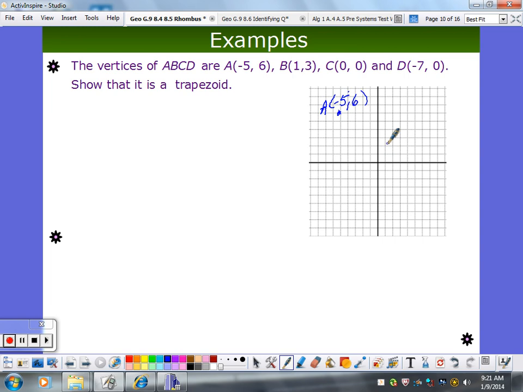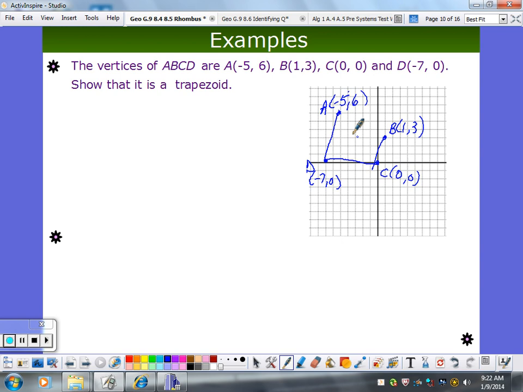B is 1, 1, 2, 3. C is at the origin. And D is negative 7, 0. Well, is it or isn't it?